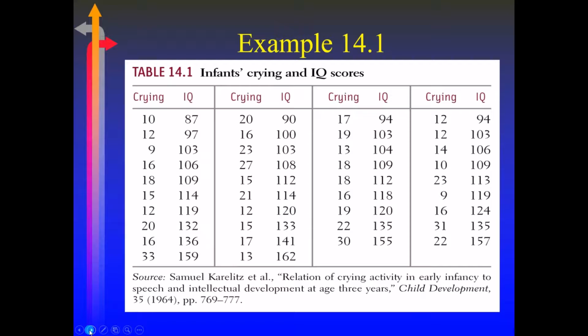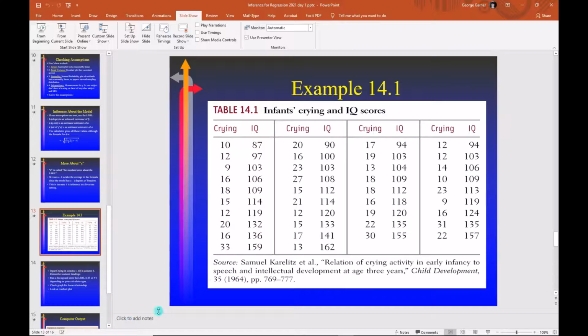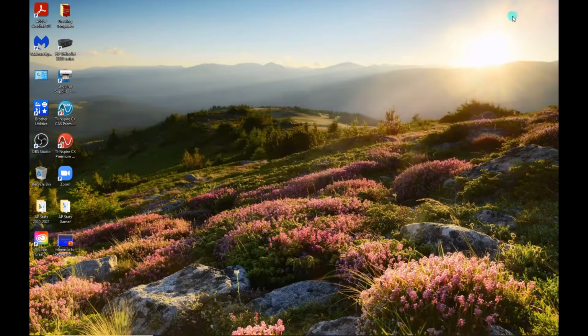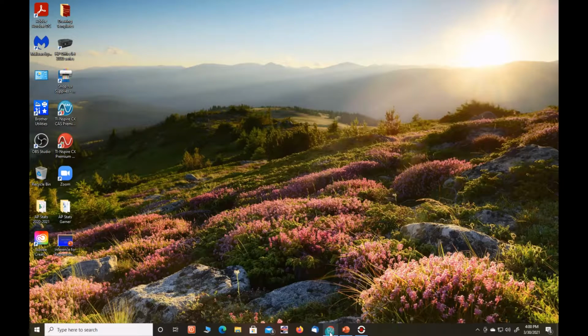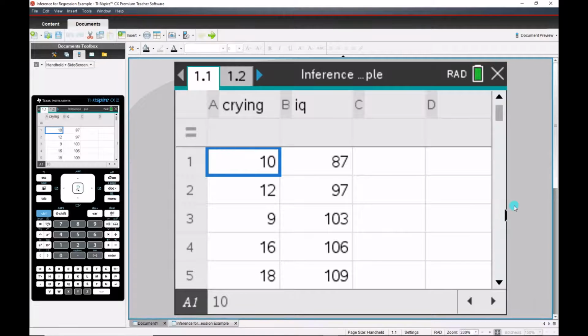Okay, so we're going to use this example in order to check assumptions. I do have this already stored in my calculator. So there it is. This is something that we've used before, and let's just run through these assumptions really quickly.